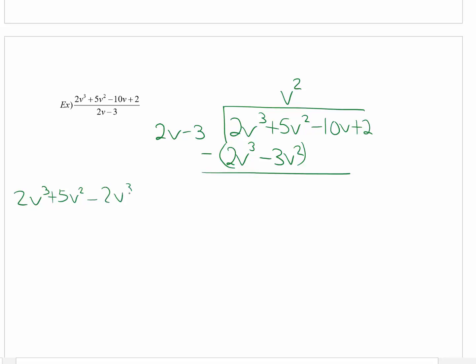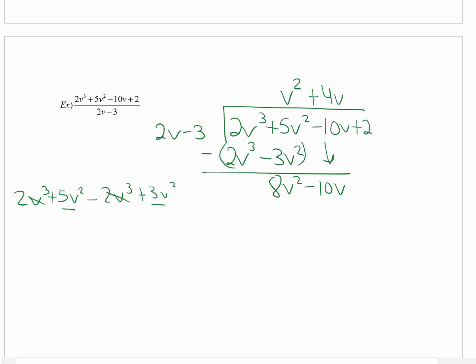Distribute the negative. They subtract out. That gives me 8v squared. Bring down the next term. Now, what do I multiply this leading term by to get this leading term here? Well, that is 4v.